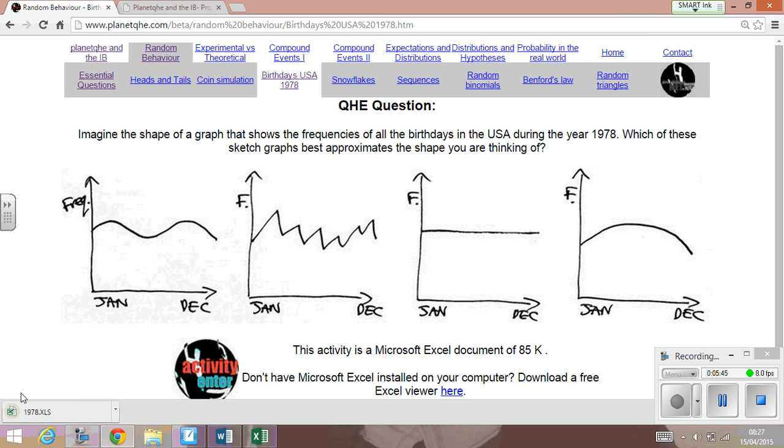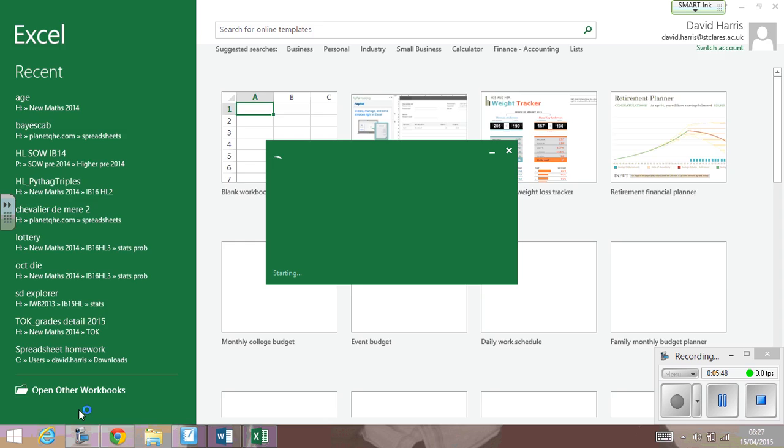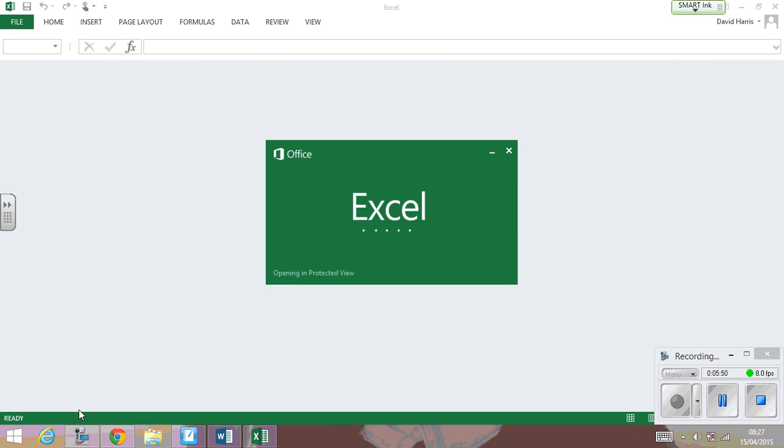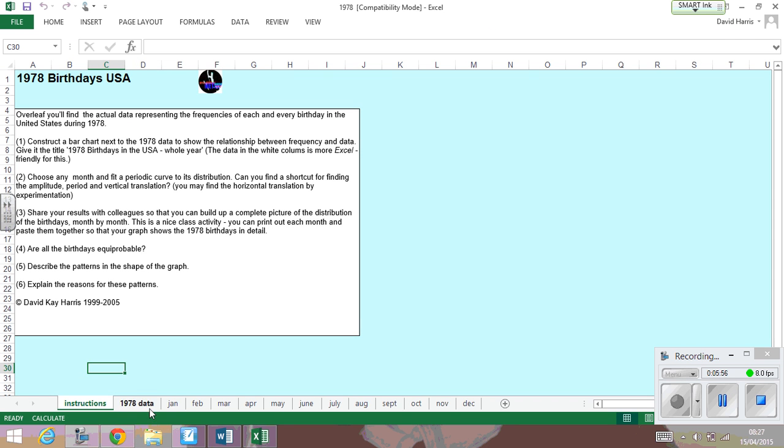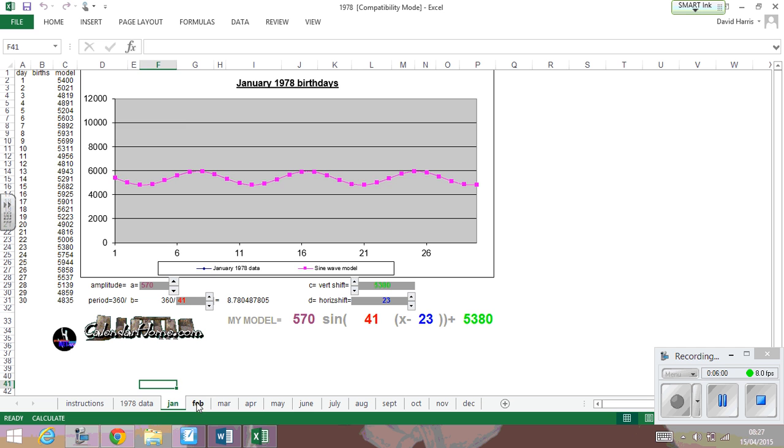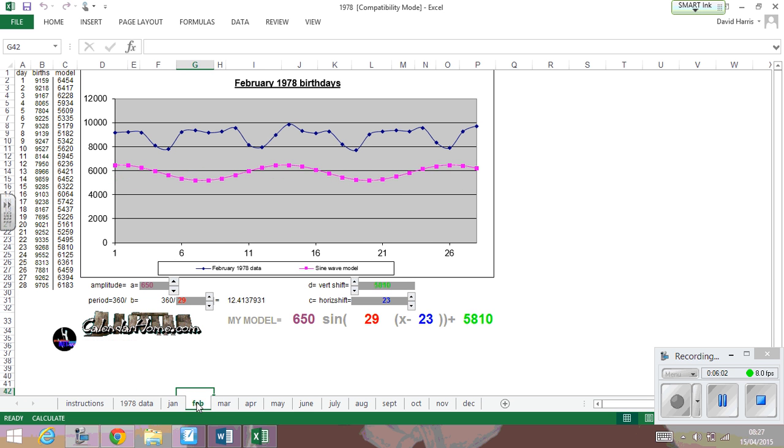This particular spreadsheet gives you the real data from the United States 1978 about the frequency of each birthday, and you'll find it's kind of, oops, it's kind of surprising. It's the blue graph here.